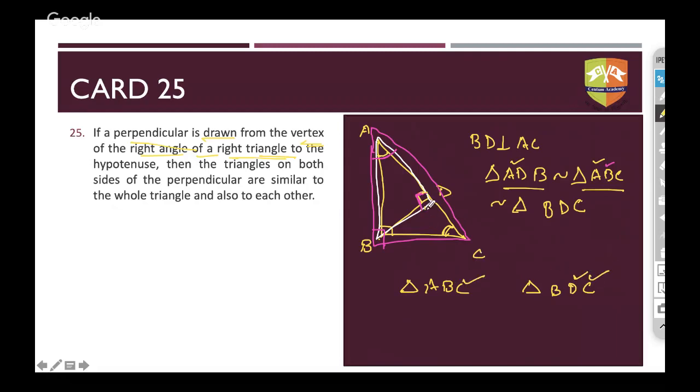This angle is 90 degrees, and this angle is 90 degrees. So hence B is equal to D, right? Both are perpendicular. So hence again this is similar. So hence they are similar to each other. If you remember, I had given you this question sometime back in your module test. Okay, fair enough. So let's move ahead.